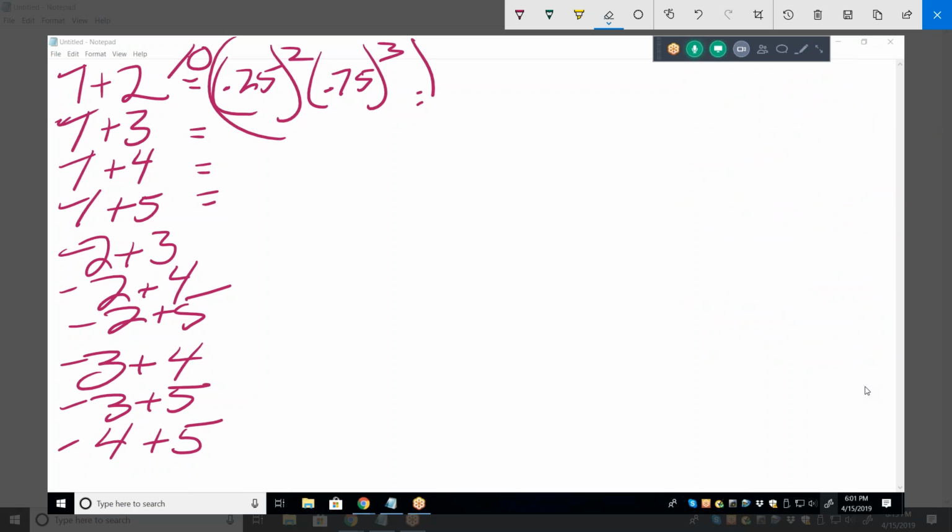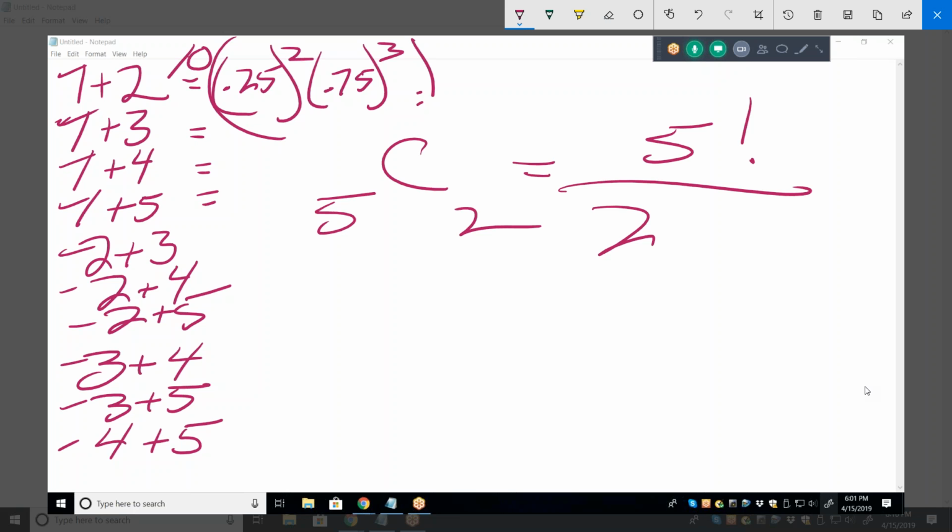But I think this comes out to be 5 taken 2 at a time. What would that be? 5 factorial over 2 factorial times 3 factorial, which is 5 times 4 divided by 2, that is 10.